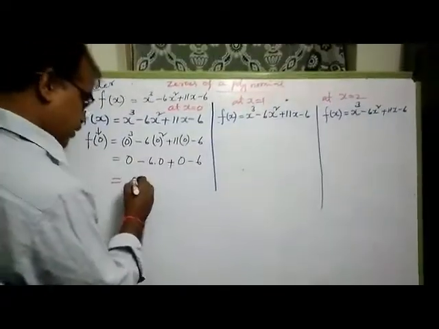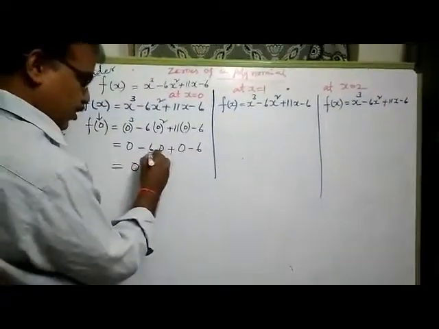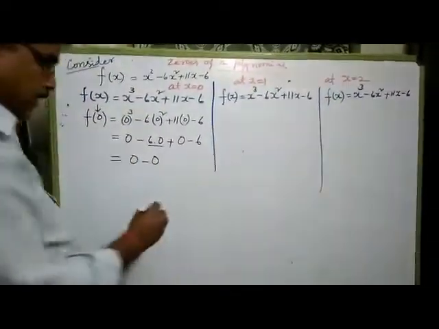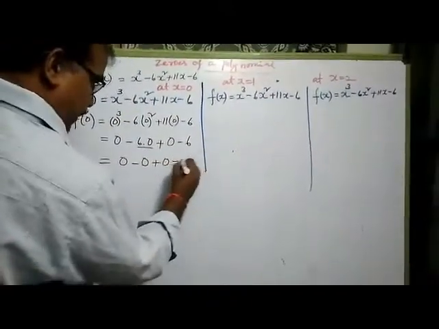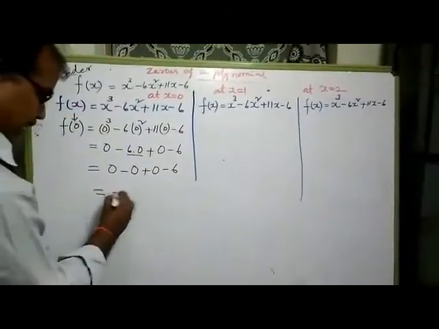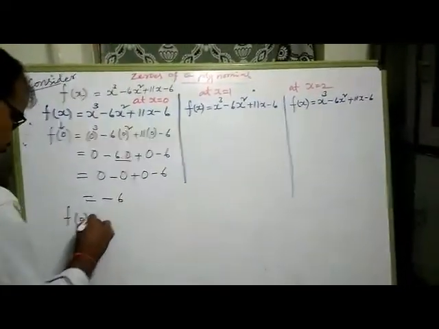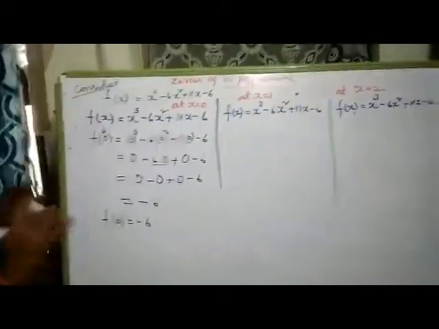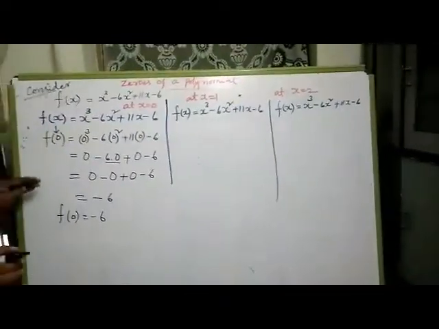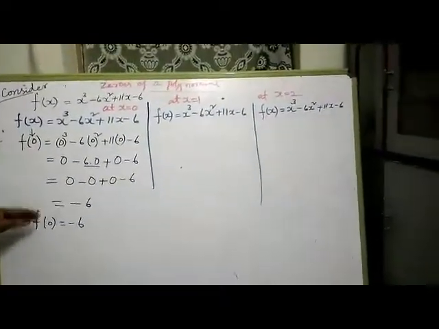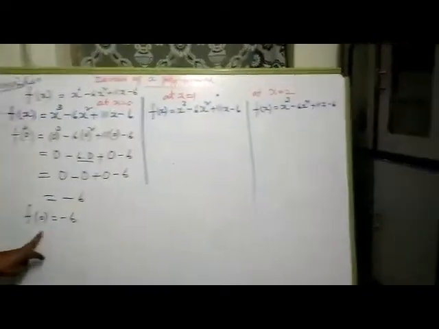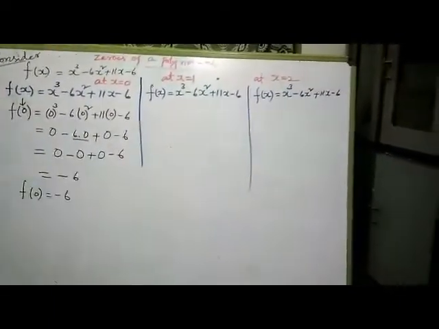Then 6 zeros are 0, plus 0 and minus. Finally, the answer is minus 6. F of 0 is equal to minus 6. The value of the polynomial f of x at x is equal to 0, f of 0 is equal to minus 6. This is the first one.